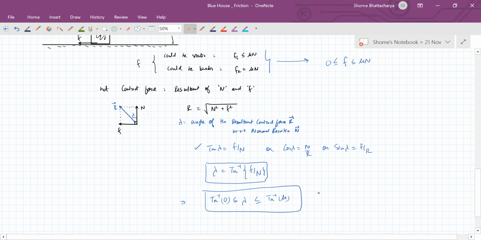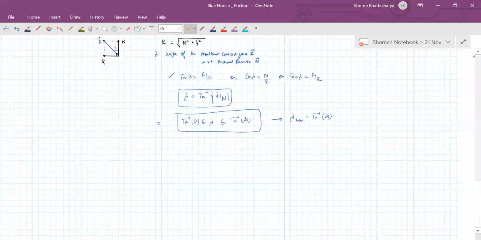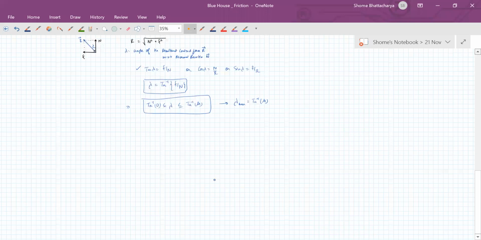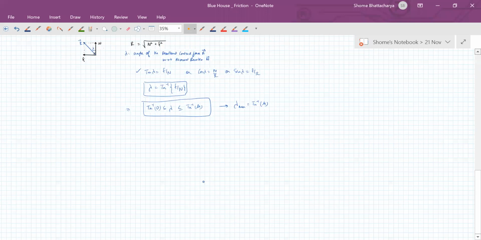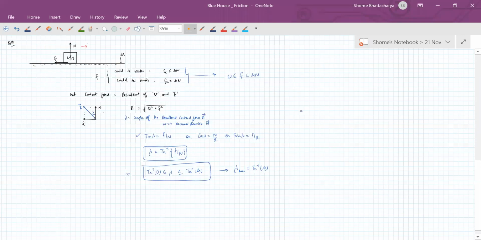So lambda's maximum value is tan inverse mu. This is the meaning of the 10th question. Just go through this once carefully.